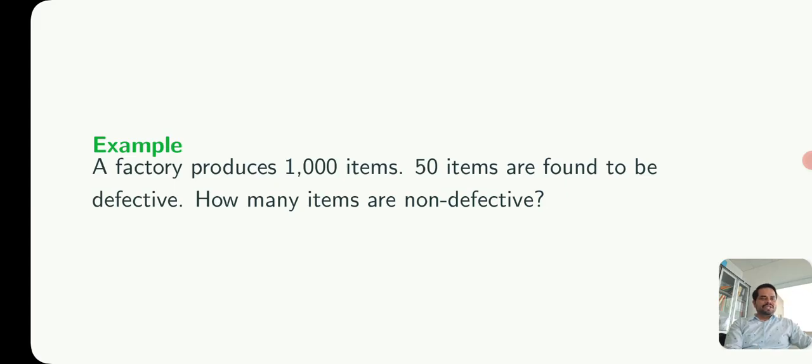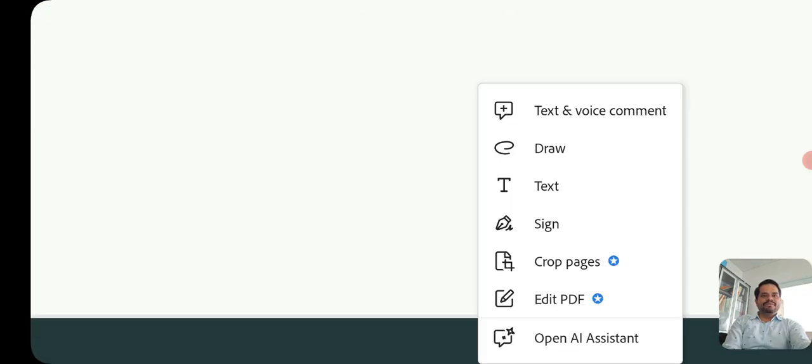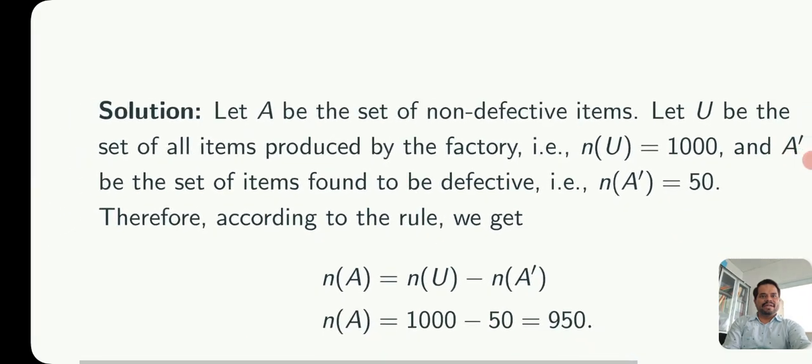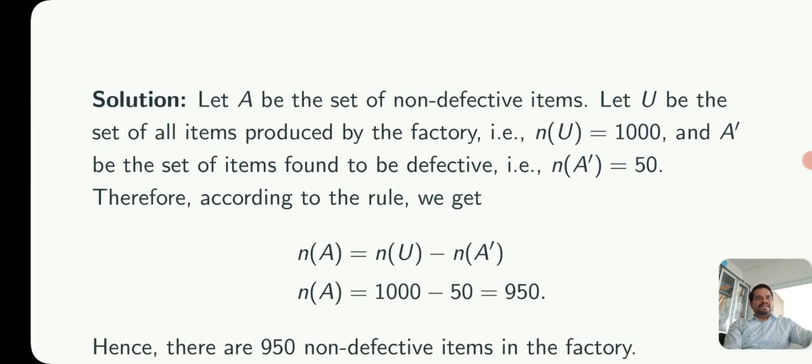So mathematically you can write here: let A represent the set of non-defective items and U represent the set of all produced items, and A dash represent the set of defective items. We know that the number of elements in U is 1000, and the number of elements in A dash, the complement, is 50.